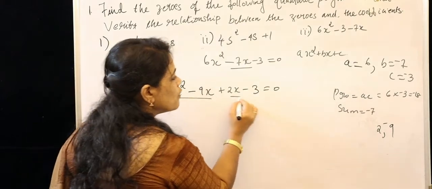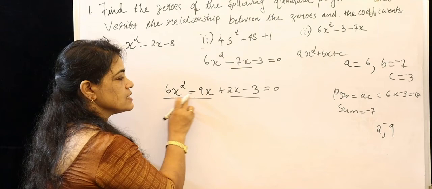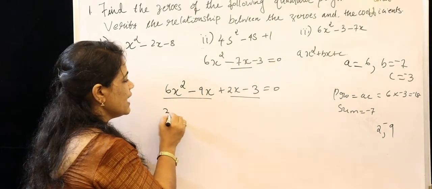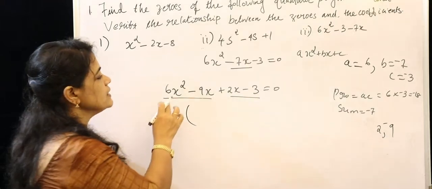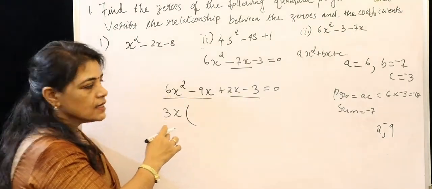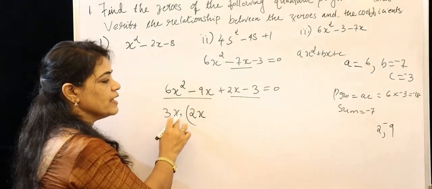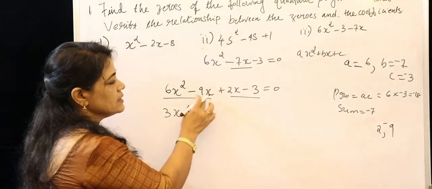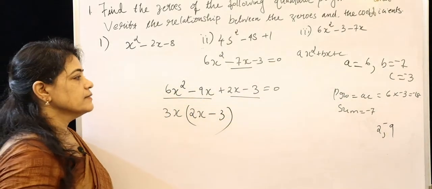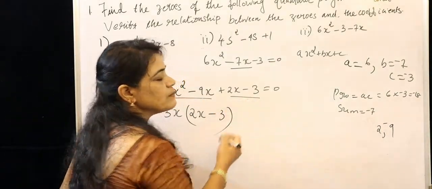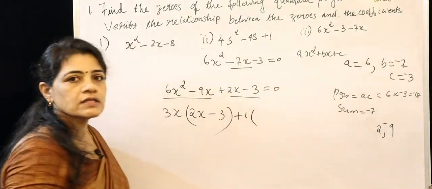I am grouping these 4 terms into 2 groups and I am taking 3 as the common coefficient, and from x square and x I am taking x common, 3x common. Dividing 6x square by 3x, you will get 2x: 6 by 3 is 2, x square by x is x, minus 3x by 3x is 1, the 3x gets cancelled. And here, 2x minus 3, nothing is common other than 1, so 1 can be taken outside.